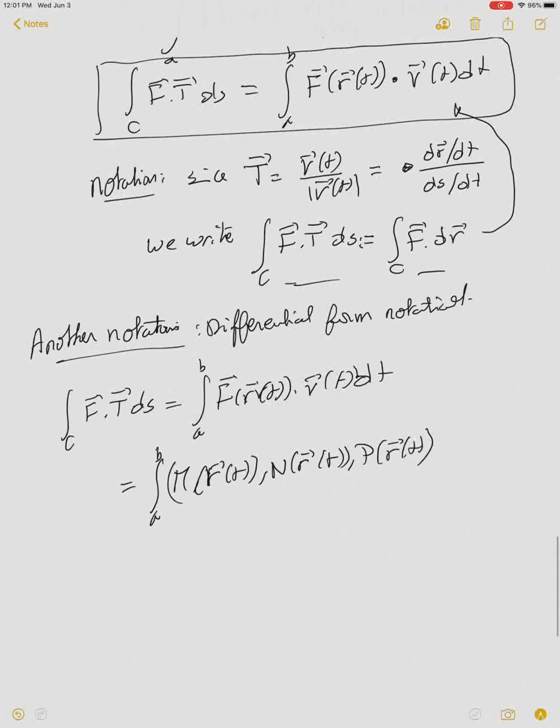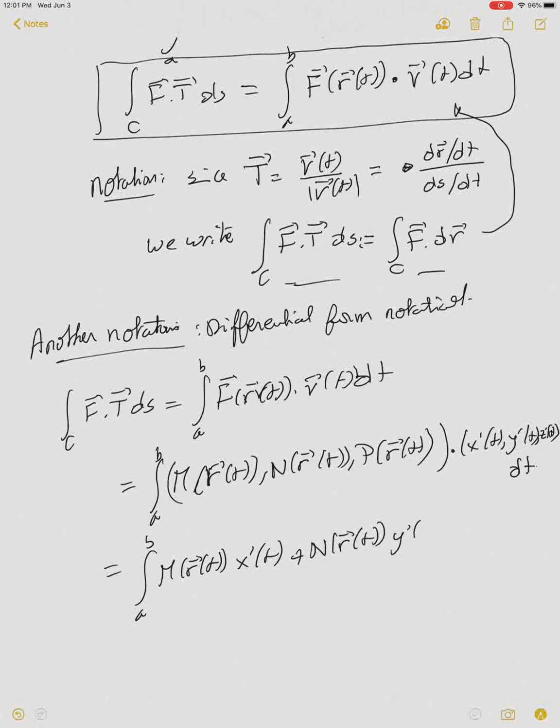This is my vector field. Now what about v of t? v of t is x prime of t, y prime of t, z prime of t dt, and this is equal to the integral from a to b of M of r of t times x prime of t, or dx/dt, plus N of r of t times y prime of t, plus P of r of t times z prime of t dt.